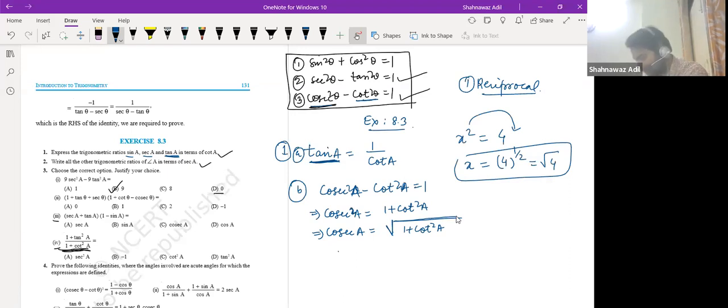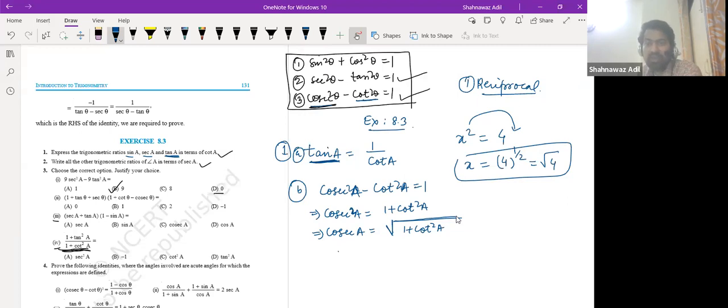Now you will ask why did I calculate this cosec A? Look at the question. We needed sine A. So what is the relation between sine A and cosec A? Sine square theta plus cos square theta is 1.